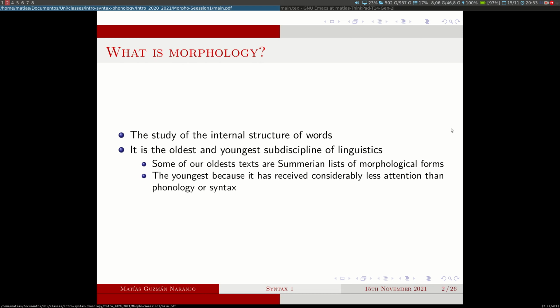Morphology is the study of the internal structure of words, and in a way, it is both the oldest and the youngest subdiscipline in linguistics.